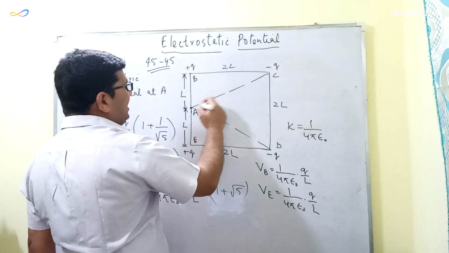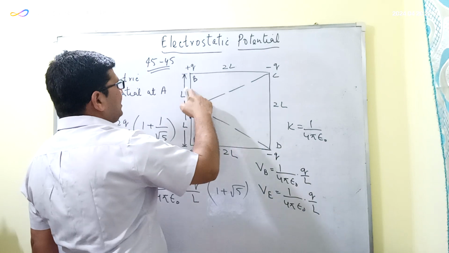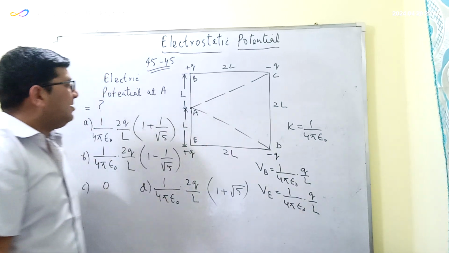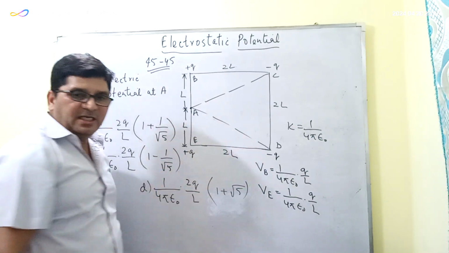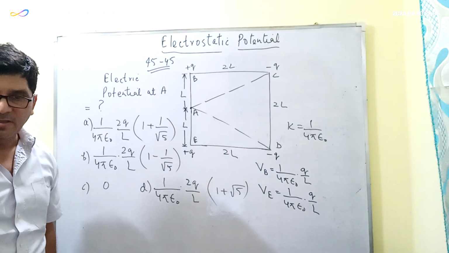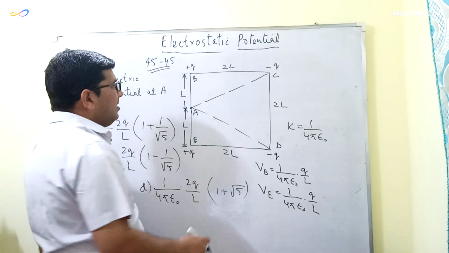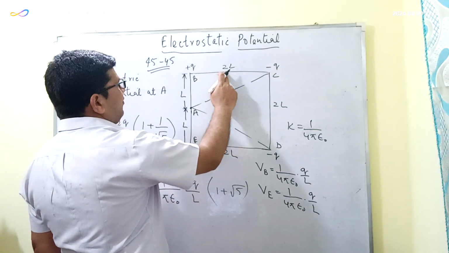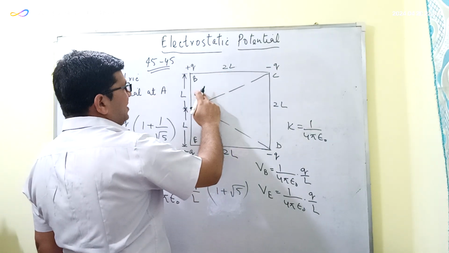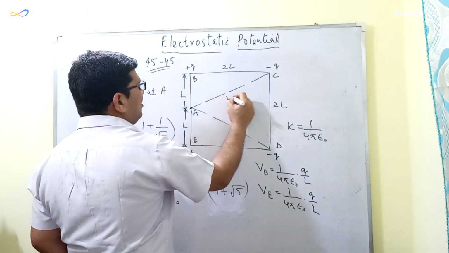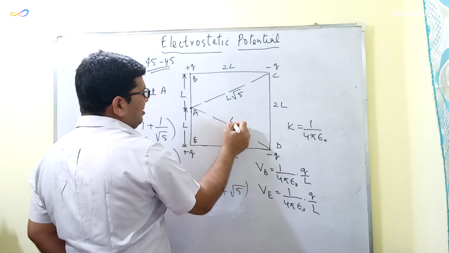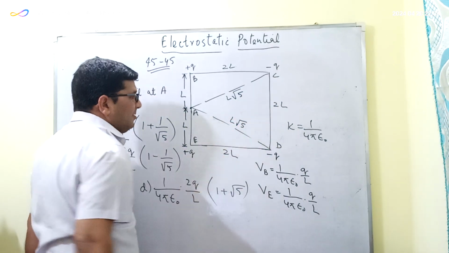This is 2L, this is L, so you can easily find the distance AC and the distance AD, and both these distances will be equal. Root 5 L. How much will it be? 4L square plus L square, that is equal to 5L square. So this will be equal to L root 5. Similarly, this will also be equal to L root 5.